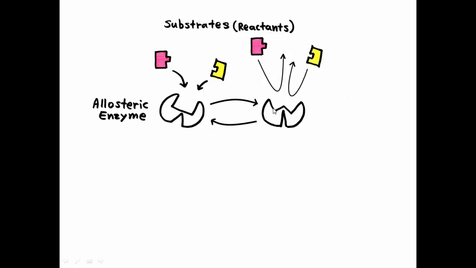The one on the right, when this shape is attained, the active site will be incorrect for the reaction. So in this case, the reaction is off, and on the left the reaction, or the enzyme, is turned on. So at any one moment, the enzyme may be on or off, and probably 50-50, 50% on, 50% off at any one time.